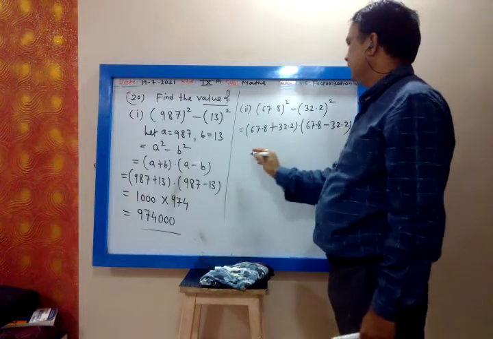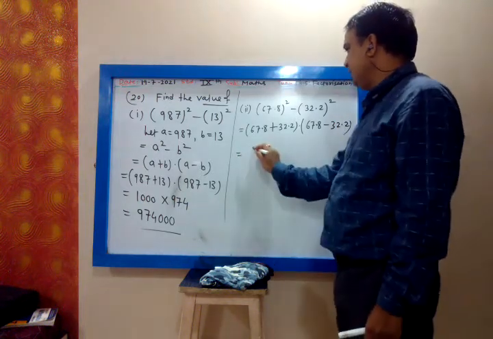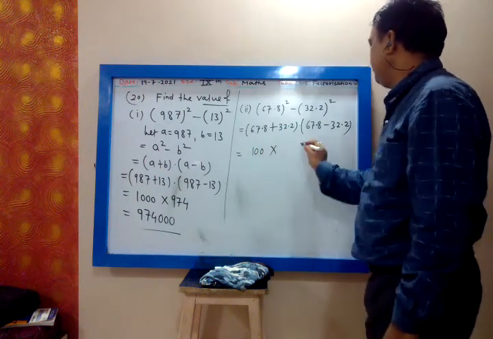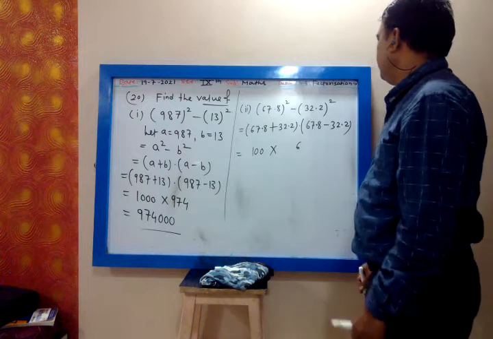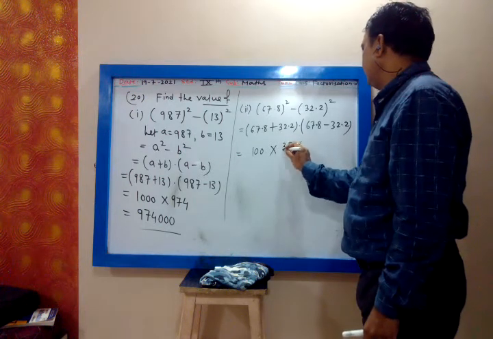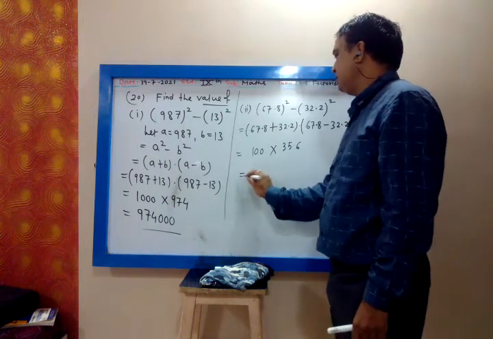So this is 100 into 67.8 minus 32.2. 8 minus 2, 6. 7 minus 2, 5. 3, so 35.6. We write 356.